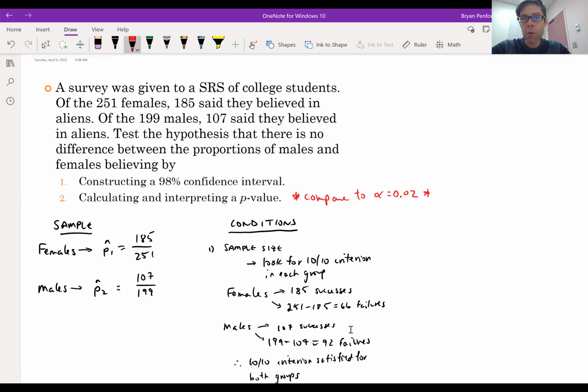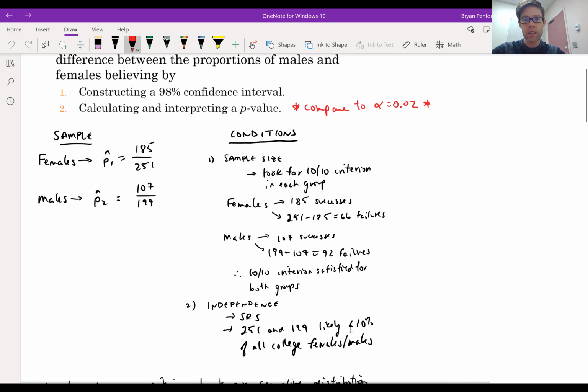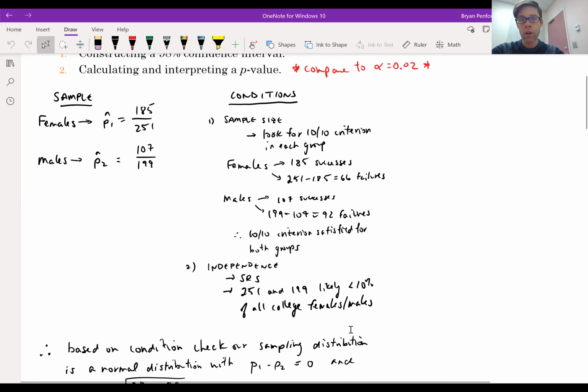So when we go to create our probability number, we're strengthening our evidence by choosing a smaller alpha. These two are two sides of the same coin. A 98% confidence interval will correspond with us searching for a smaller p-value. So let's set up and try to do a proper hypothesis test and compare it to 2%.